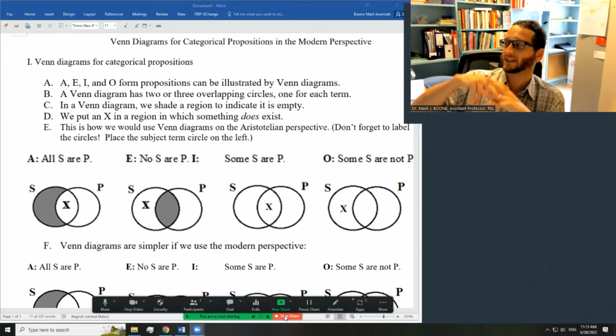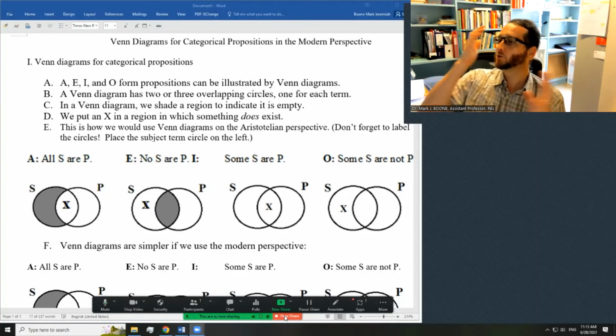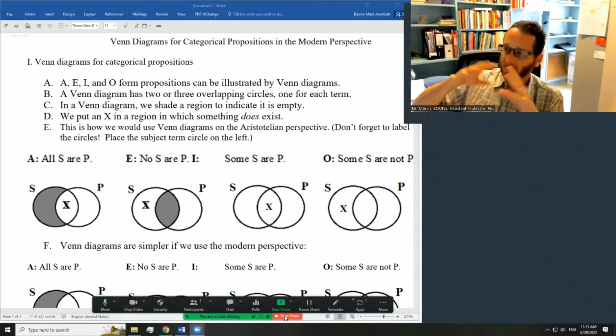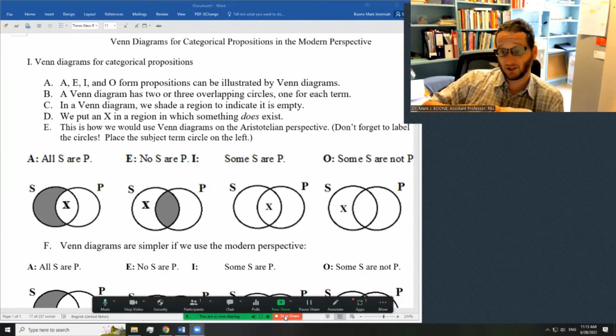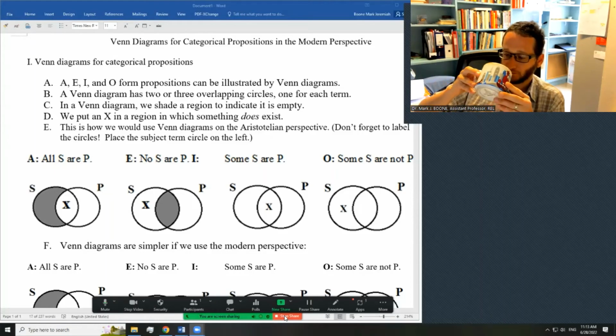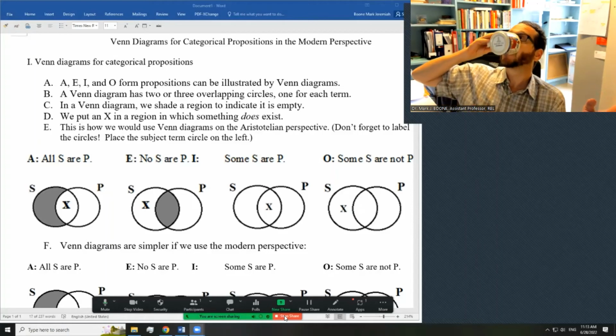Now, we're not talking bisect in math class where we have 2 equal shapes of equal area. No, I just mean divide into 2 different subcategories. So if I'm drawing a circle for guinea pigs and a circle for teacups, obviously the overlapping region is going to be shaded because no guinea pigs are teacups, right?